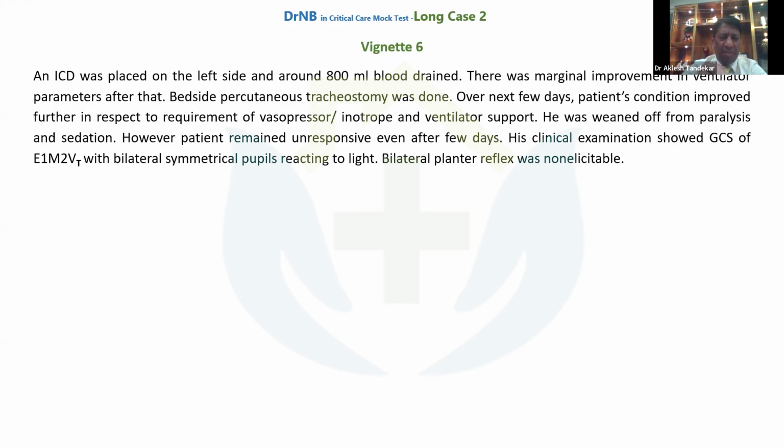Vasopressor requirement reduced and ventilator support was also reduced. This patient was weaned off paralysis and sedation. However, the patient remained unresponsive even after a few days, and his clinical examination showed a GCS of E2 VT M2 with bilateral symmetrical pupils reacting to light. And bilateral plantar reflexes were unnoticeable.